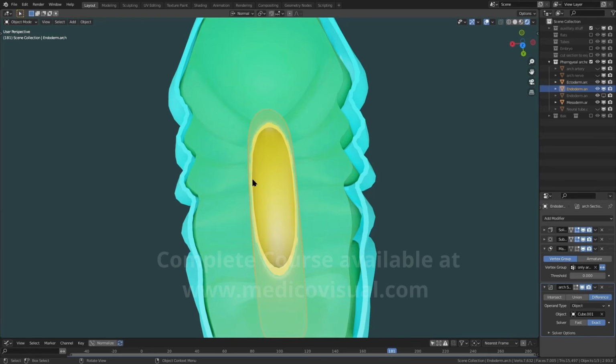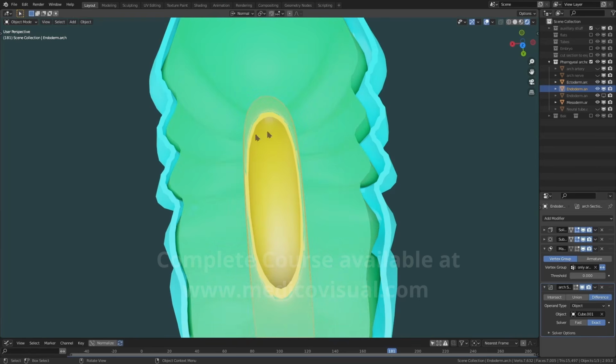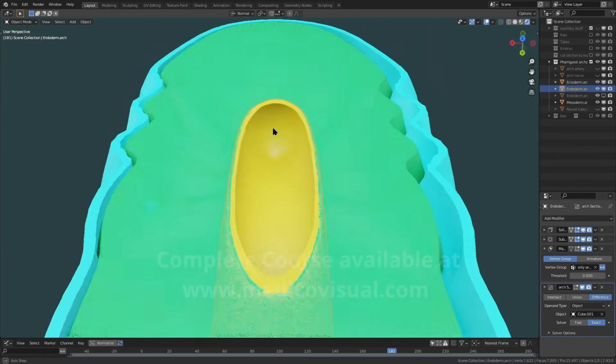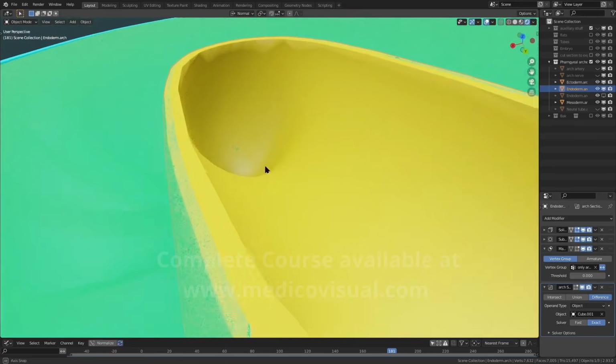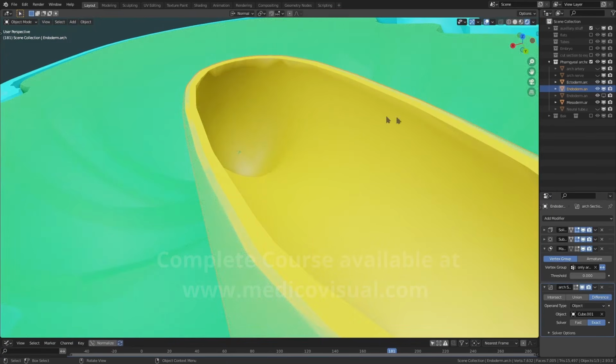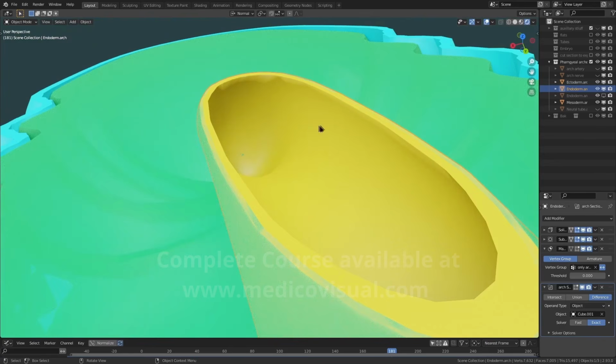Now what will happen is that this pharyngeal endoderm will form outpocketings or pouches. What I mean by this is that from this part, some extensions or outpocketings will be formed, and we call them pharyngeal pouches. So let me tell you how they form.